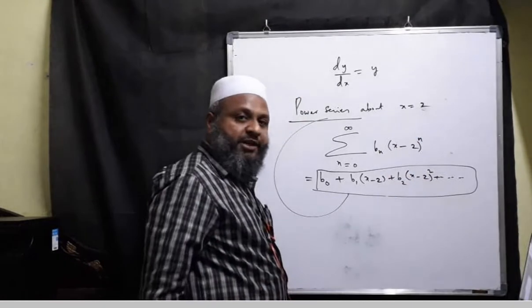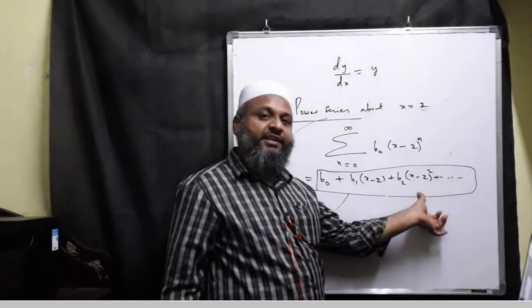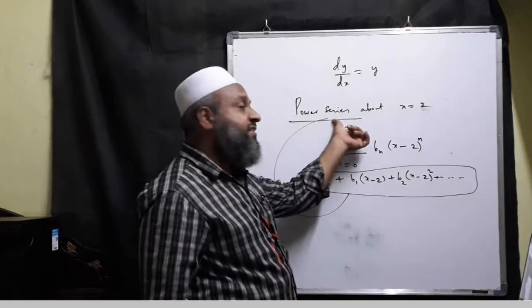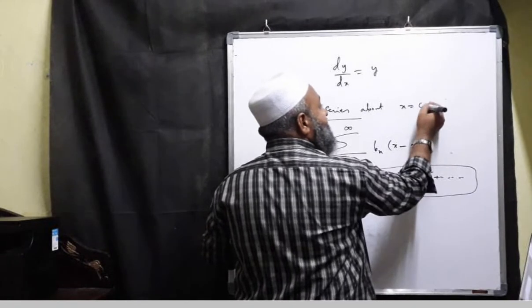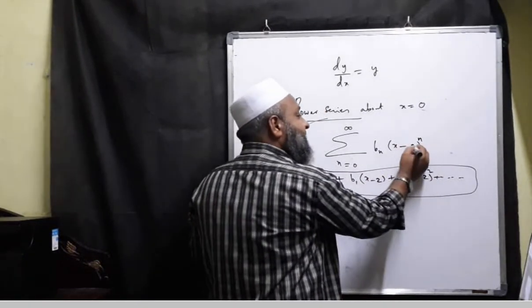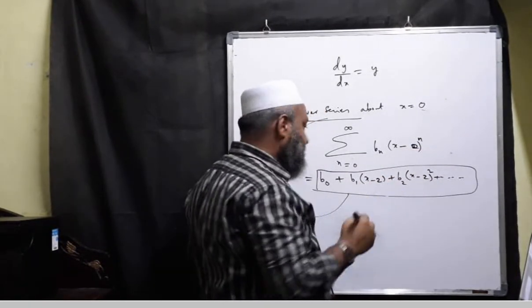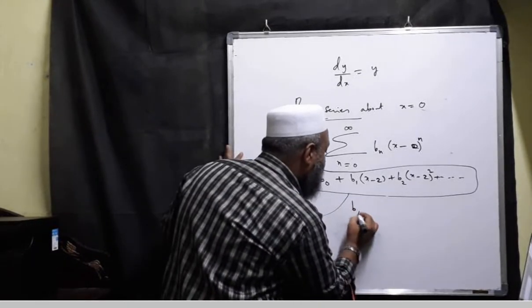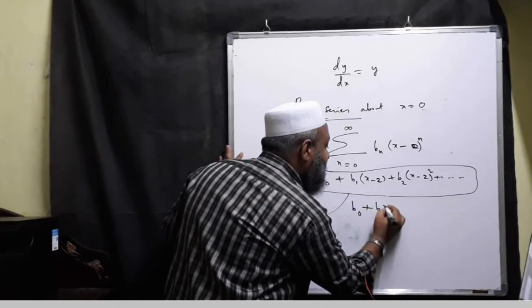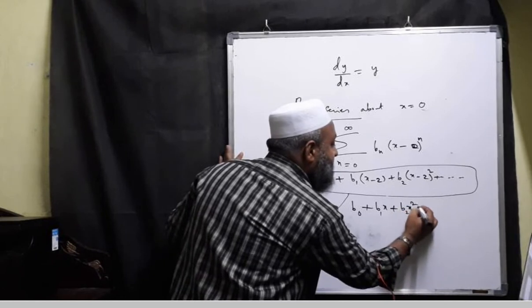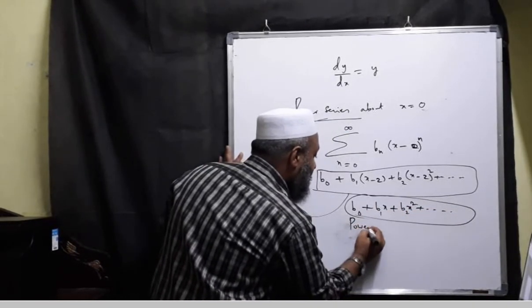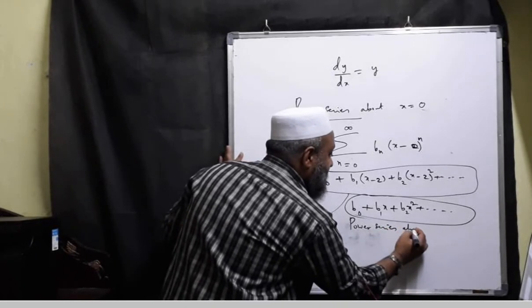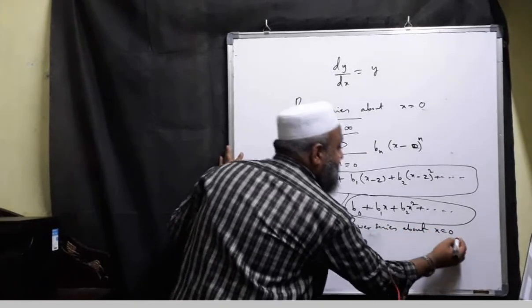Now you got the point. So this is an example of an infinite series which is called a power series about x equal to 2, and the power series about the origin x equal to 0 will just have 0 here, so no need of writing brackets. Then the form will be b naught plus b1 x plus b2 x square plus so on. This is called a power series about x equal to 0.